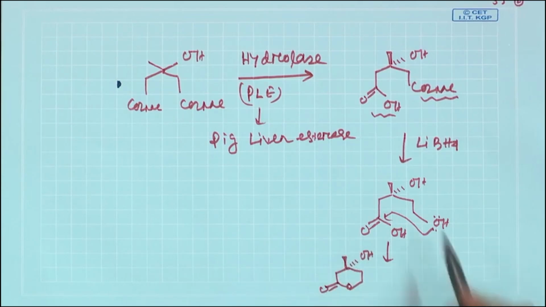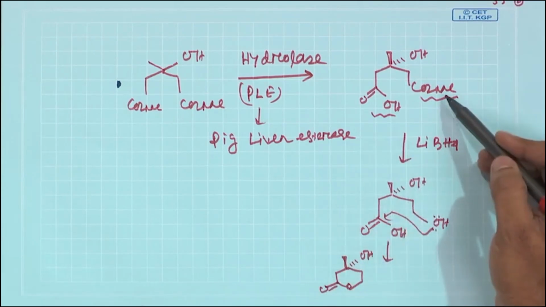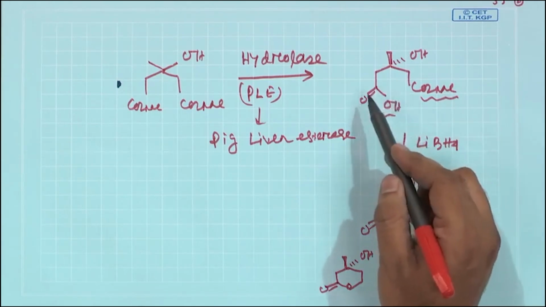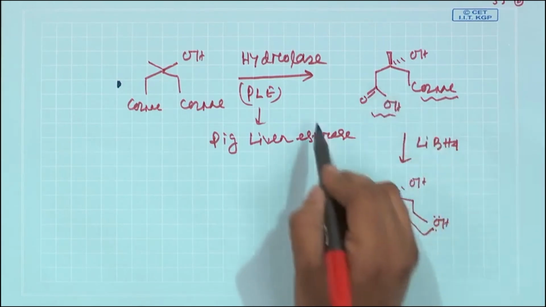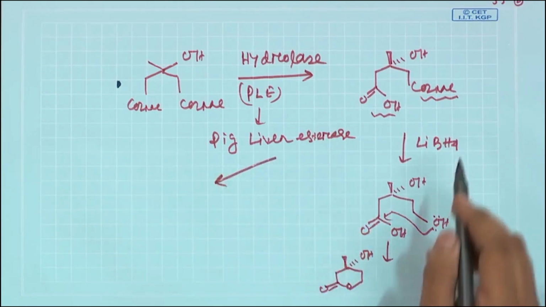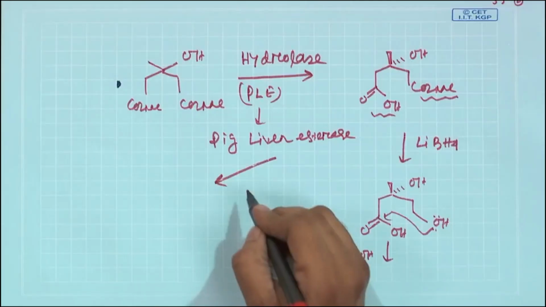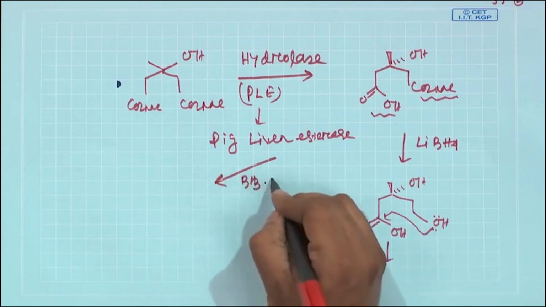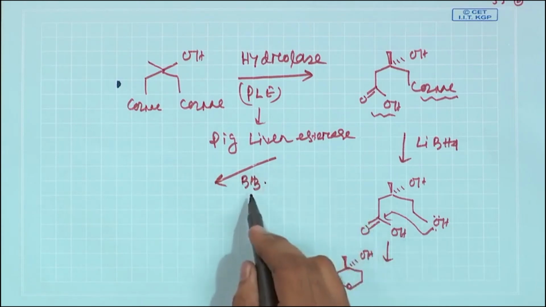In the second case, as I said, we first touch the acid. In the other route, where you have to create the divergence, you need to reduce the acid first. Now, how can you reduce the acid in the presence of an ester? The best reagent is borane, BH3 in THF, or diborane.